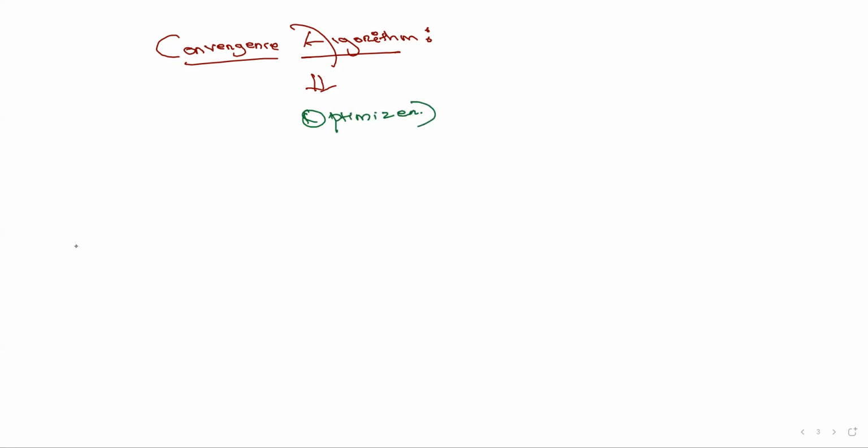So what will the optimizer do? It changes theta 0 and theta 1 toward the global minima. Why are we doing this?